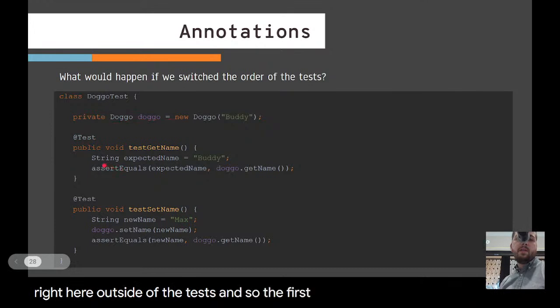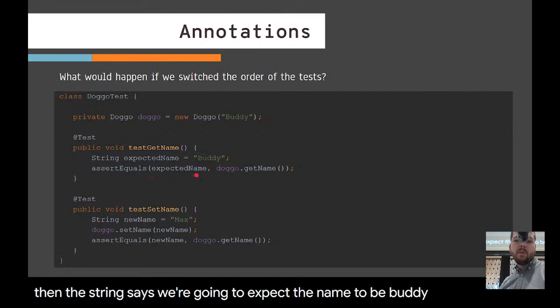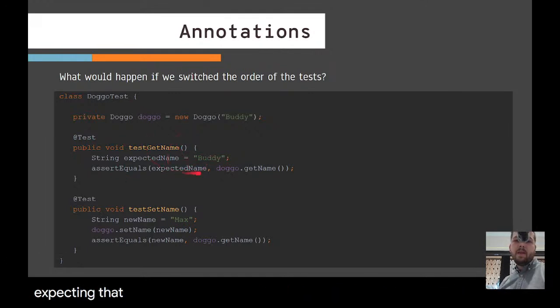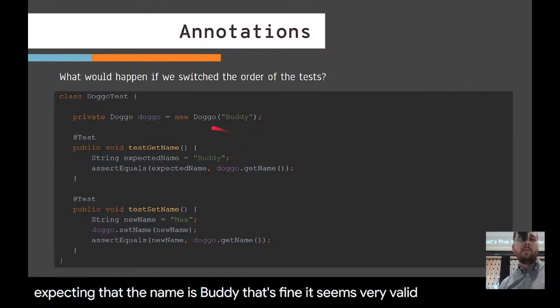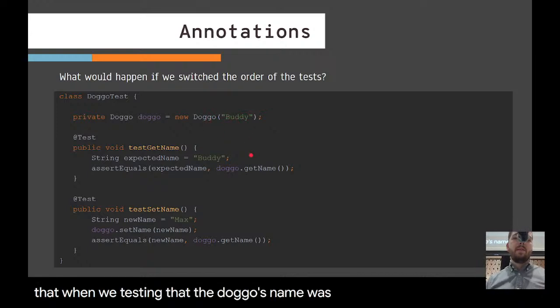In the first test, test get name, we expect the name to be Buddy. That's fine, this seems very valid. We're just testing that the doggo's name was Buddy.